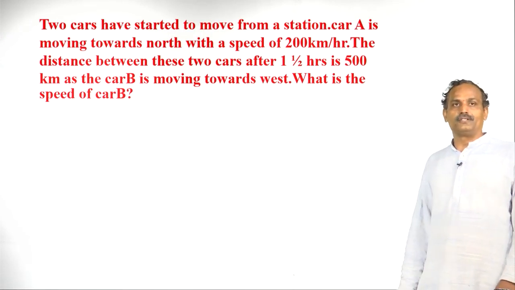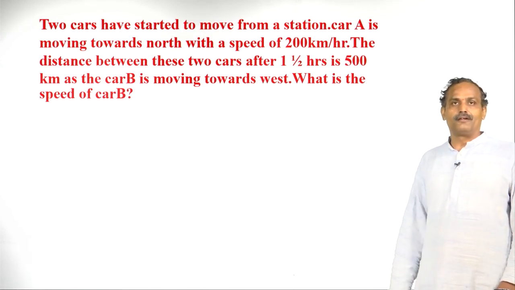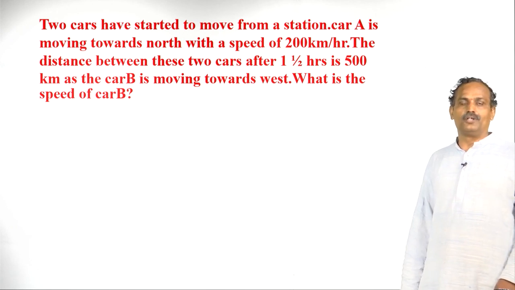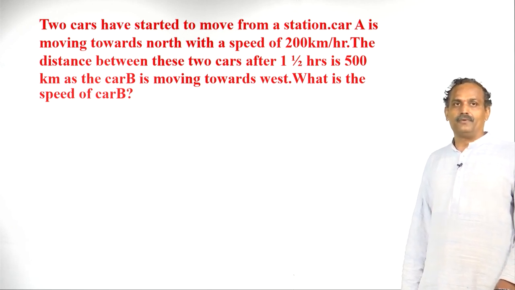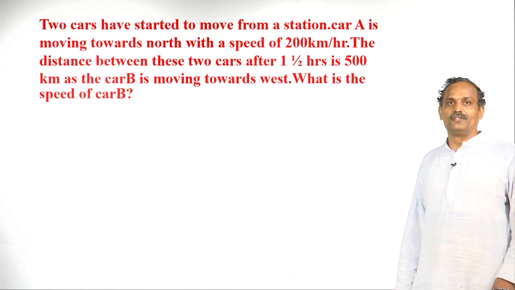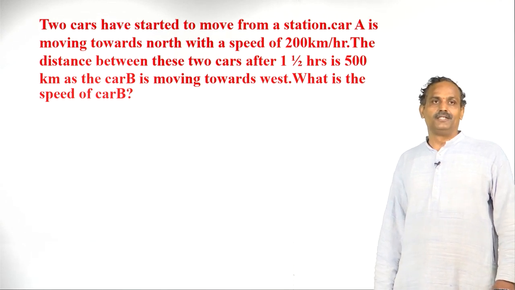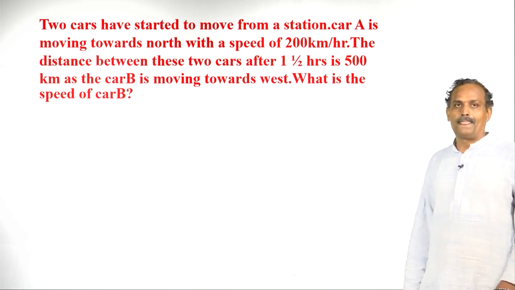Two cars have started to move from a station. Car A is moving towards north with a speed of 200 km per hour. The distance between these two cars after 1.5 hours is 500 kilometers, as car B is moving towards west. What is the speed of car B?